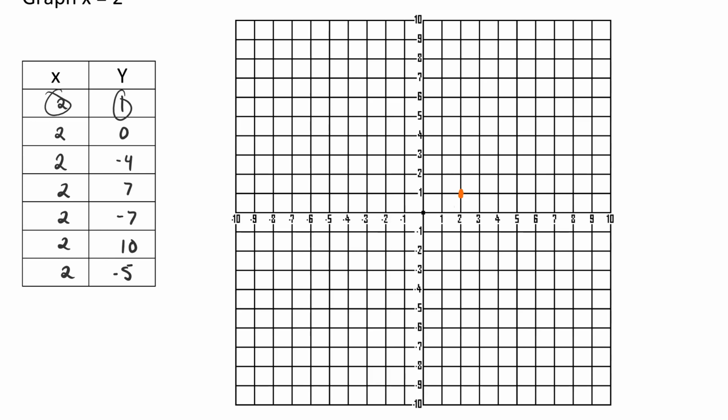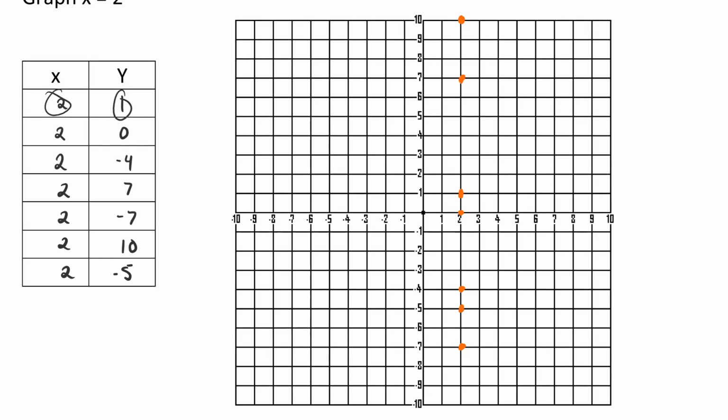So x again is 2 and y is 0, so it's right below it. Third one is 2 and -4, 2 and 7, 2 and -7, 2 and 10, and 2 and -5.